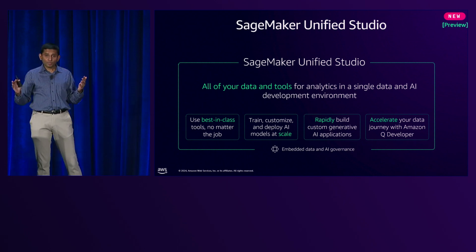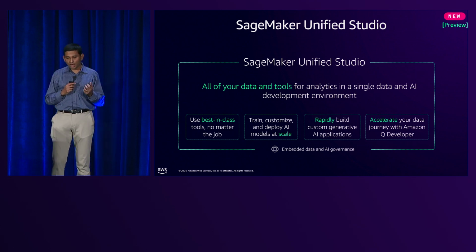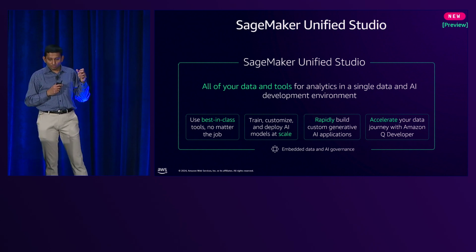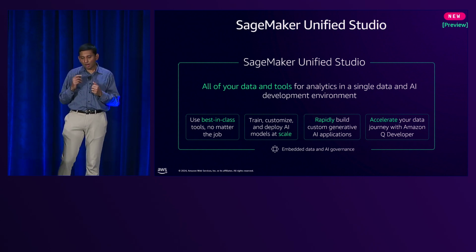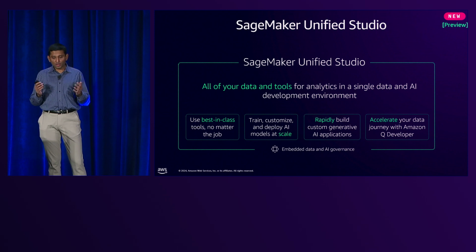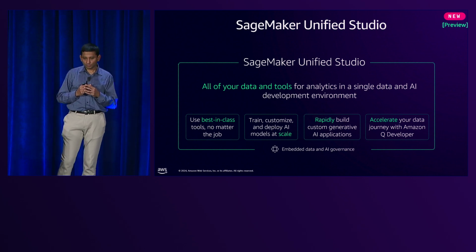And along the way, you can accelerate your journey with Amazon Q Developer. You can leverage the most capable generative AI assistant, Amazon Q, for tasks across your development lifecycle, from coding, testing, upgrading, troubleshooting, and even building engineering pipelines. Amazon Q Developer streamlines every step of the experience to quickly understand and utilize your data sources.